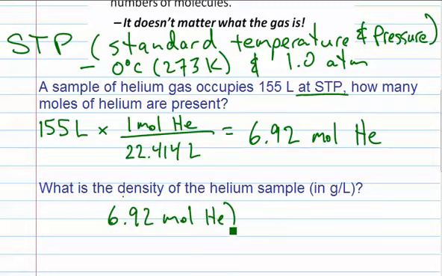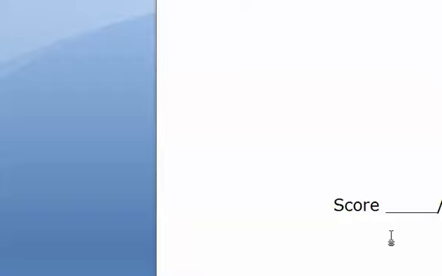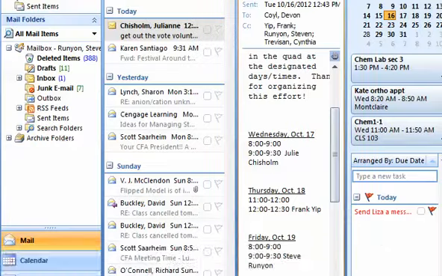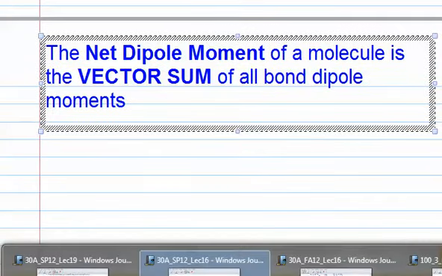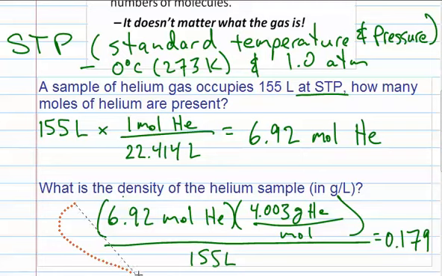We could make it simpler, but we're going to just do it this way, times 4.003 grams of helium per mole. That's our molar mass, and we'll divide that by our total volume here, 155 liters, telling us that the density of helium at STP is 0.179 grams per liter.